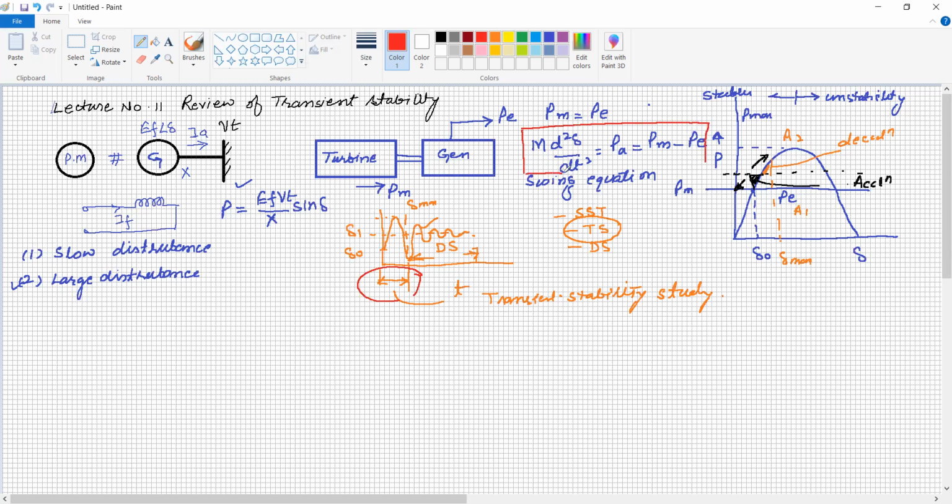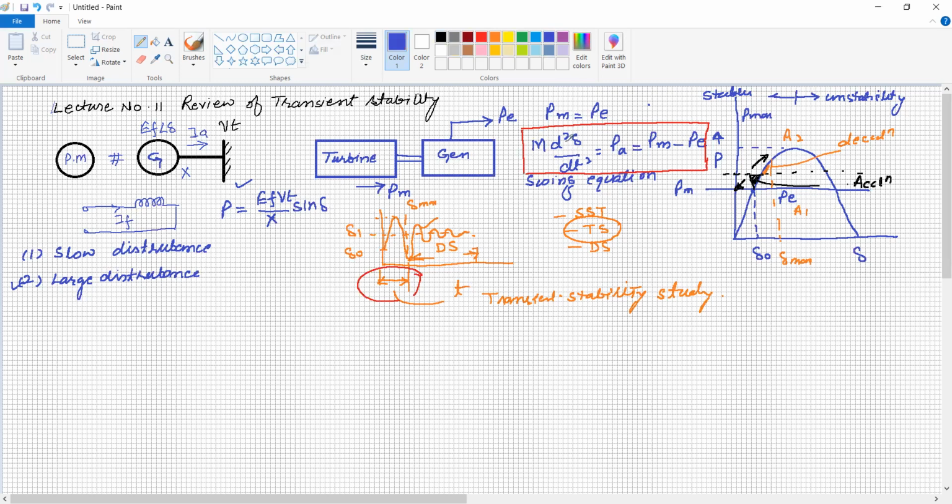So we can go by a numerical method for calculating the value of delta, to see whether the system is stable or not, or there is a graphical method called the equal area criteria. Here the criterion is that if the area under acceleration and the area under deceleration are equal, the system is going to be stable.